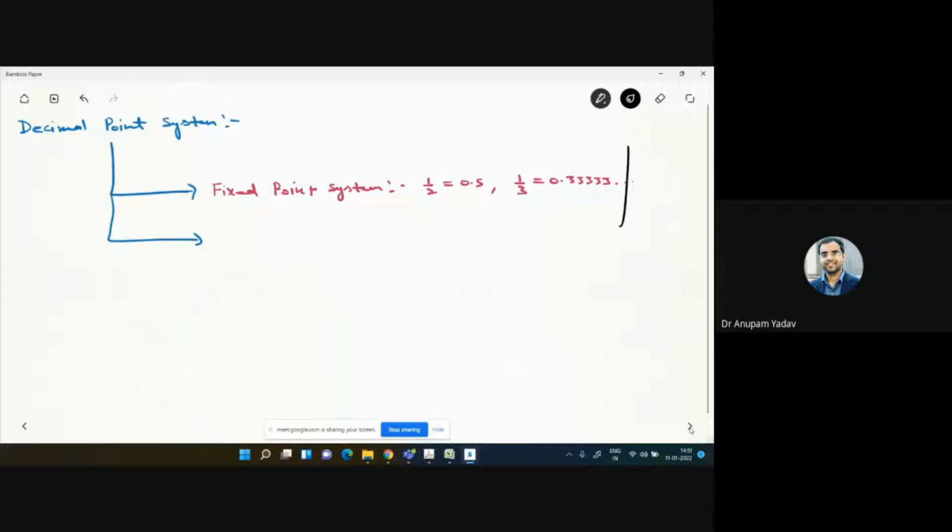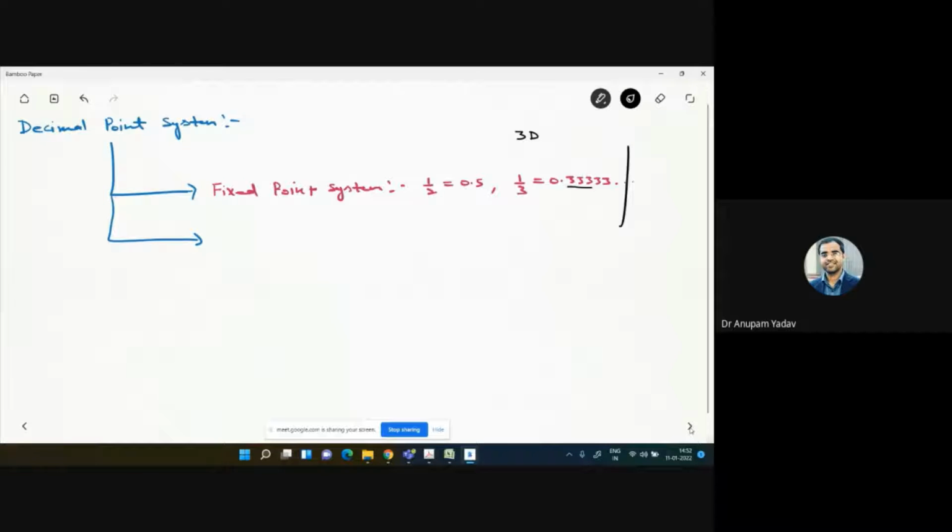So when you fix those decimal places, for instance, suppose I fix that I am going to store it up to 3 decimal places, this has its standard notation. This is called 3D. So this means that we wish to store this 1/3 up to 3 decimal places.